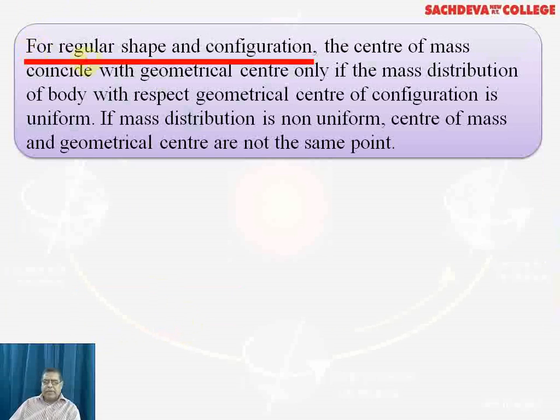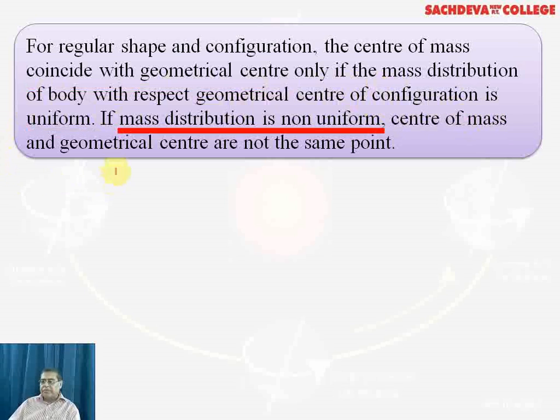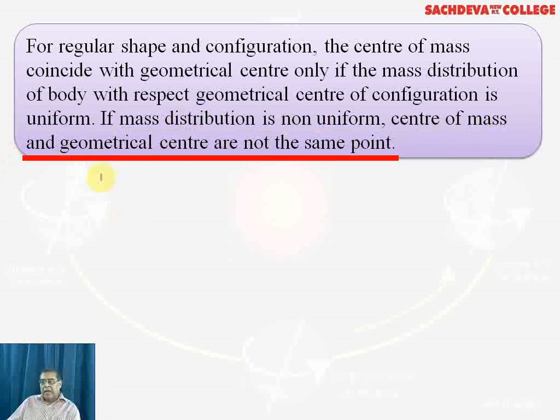For a regular shape and configuration, the center of mass coincides with the geometrical center only if the mass distribution of the body with respect to the geometrical center of the configuration is uniform. If the mass distribution is non-uniform, then the center of mass and the geometrical center are not the same point.